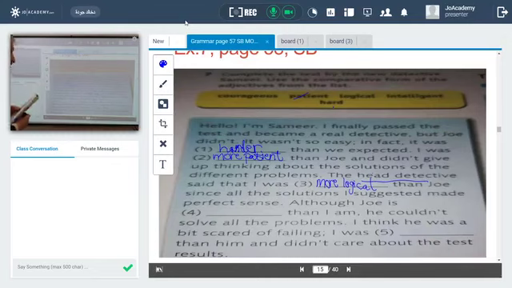Although Joe is blank than I am, he couldn't solve all the problems. What do we need to put in number 4?